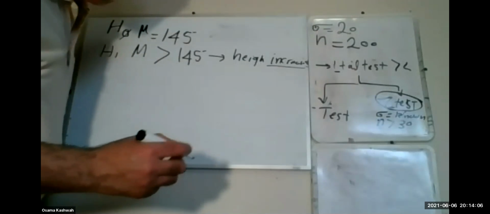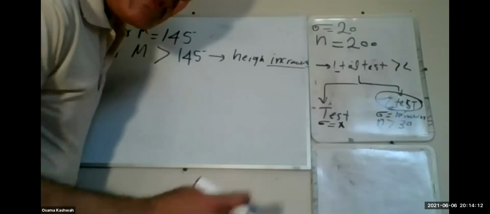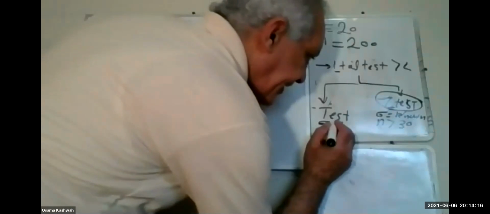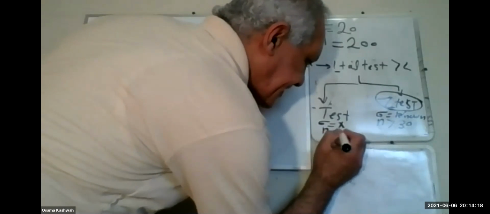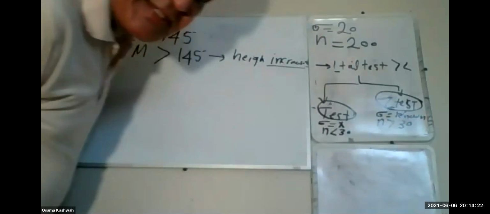But if sigma was unknown, or they give me only the sigma of the sample, and n, the sample, was less than 30, then I will use the t-test.